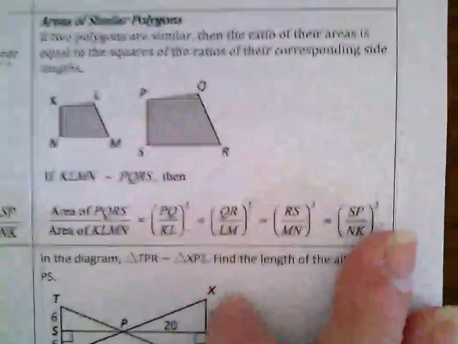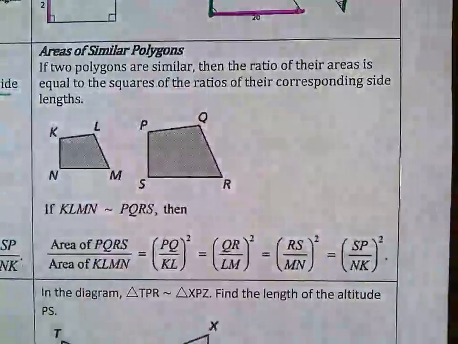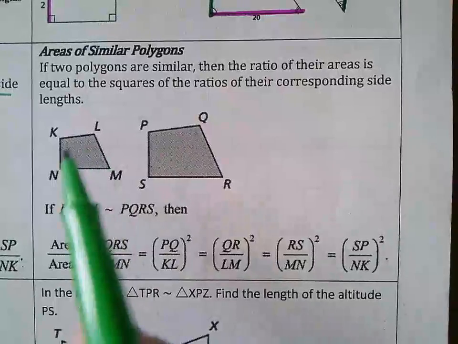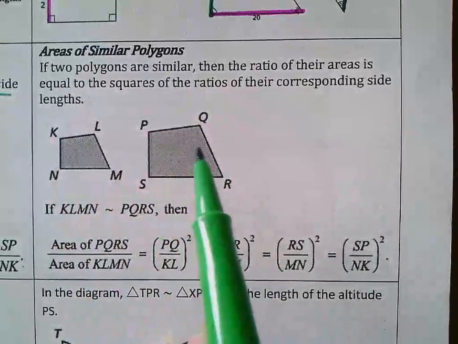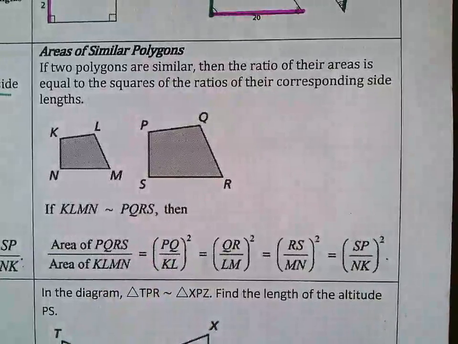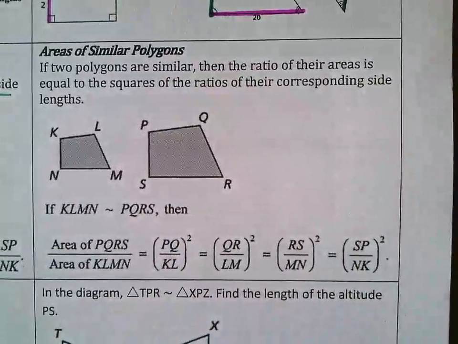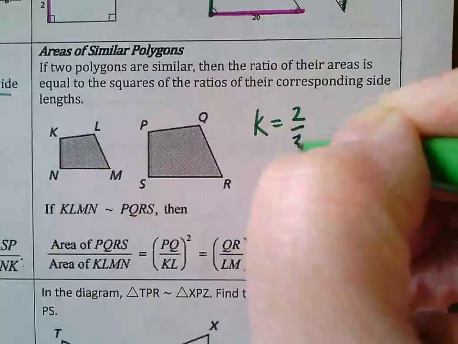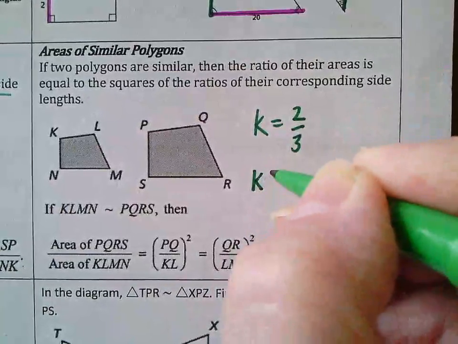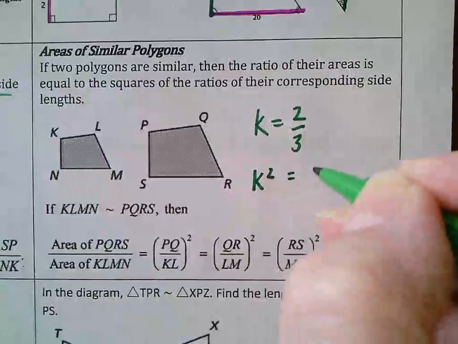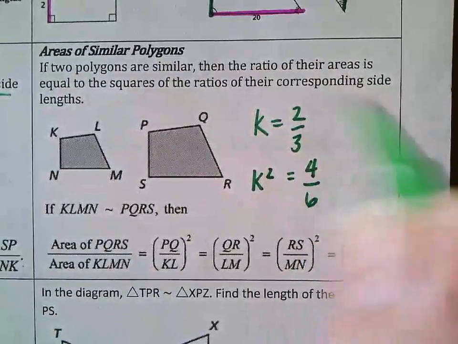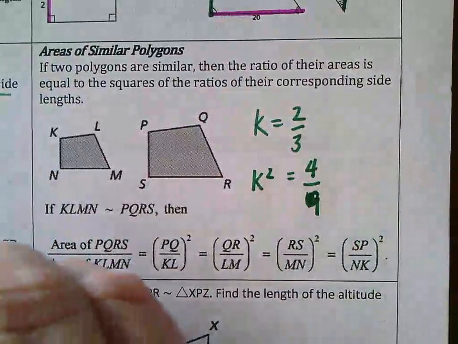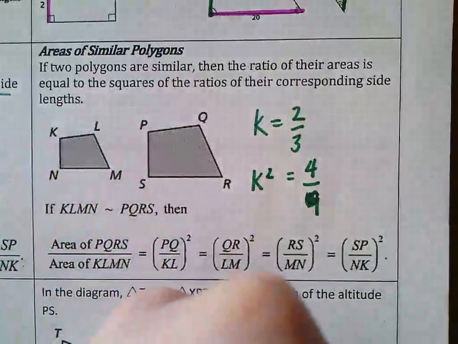Area is a little different, and I talked about this when we did the triangles. Area is a little bit different because this is in square units. This is the inside of the figure in square units. So when you have square units, you have to use the square of the ratio. So if the ratio, for example, was 2/3, I would need to square the ratio, which means I would use 4 over 9.